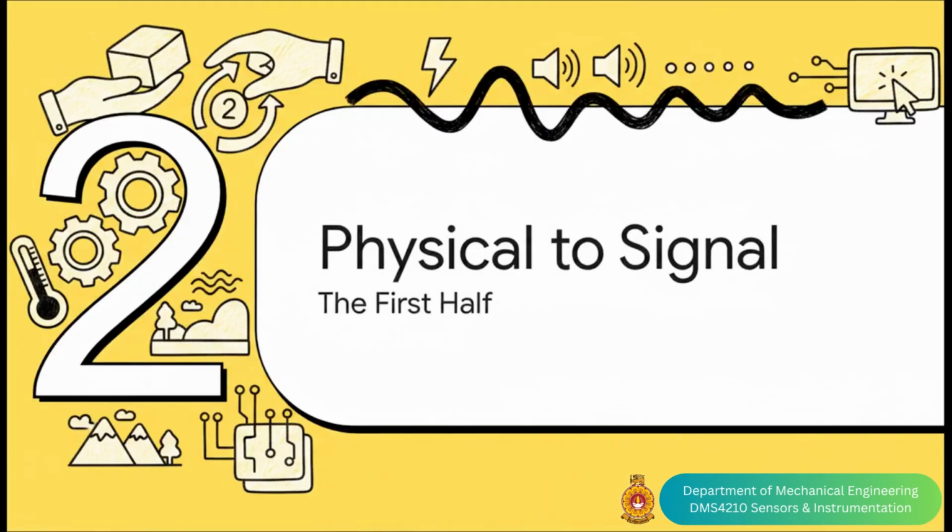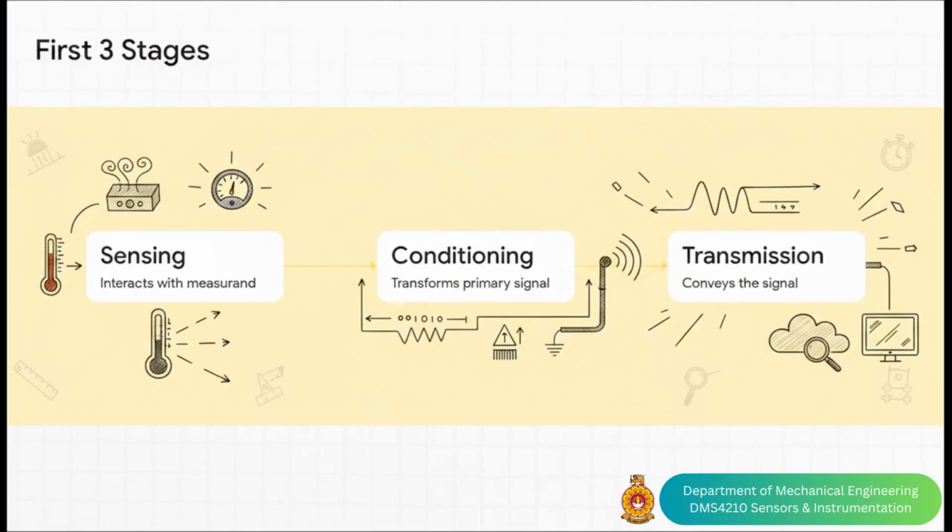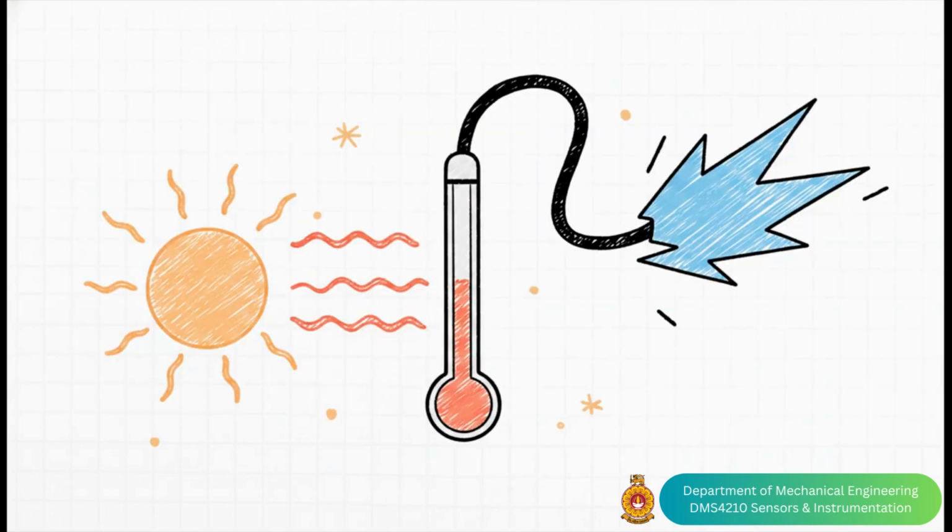Section 2. From physical to signal. We're going to look really closely at these first 3 stages: sensing, signal conditioning, and signal transmission. These are the absolutely crucial initial steps that bridge physical reality with the electronic domain. They capture the raw environment and prep it for a high-speed journey. It all kicks off at stage 1, sensing.